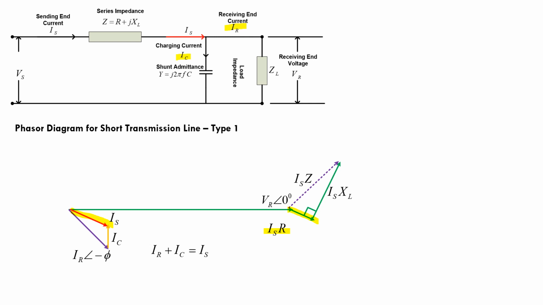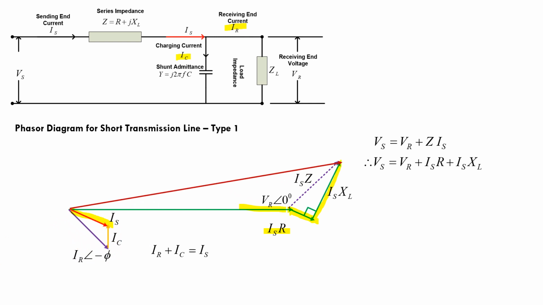The phasor sum of IS into IR and IS into XL gives you the IS into Z. We have one more equation, that Vs is equal to VR plus IS into R plus IS into XL. So the phasor sum of VR, IS into R and IS into XL will give me the entire value of the sending end voltage.